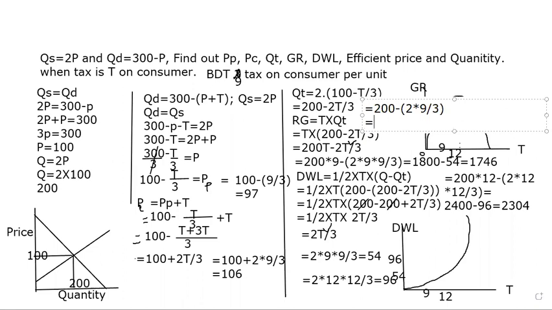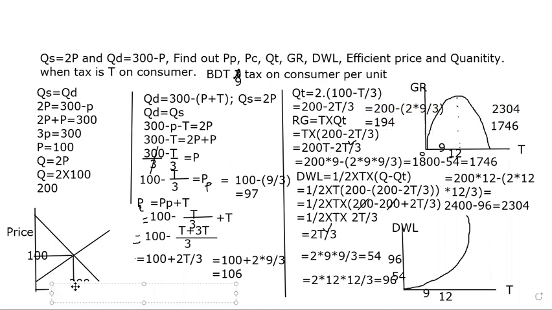Then for this there is just a mistake of typing. So 194 unit will be our new quantity of product. So 194 will be our new quantity.